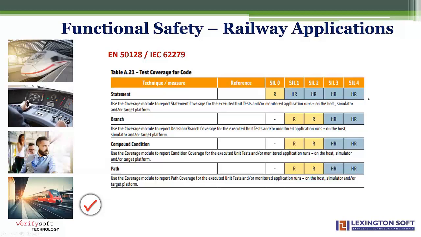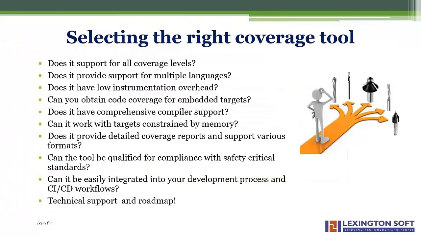And the level 4, you can see, highly recommends all of the different coverage levels. So that's the different safety standards and how they relate to the coverage levels, because the coverage levels, like I said earlier, are a very, very critical aspect of safety standards as well.